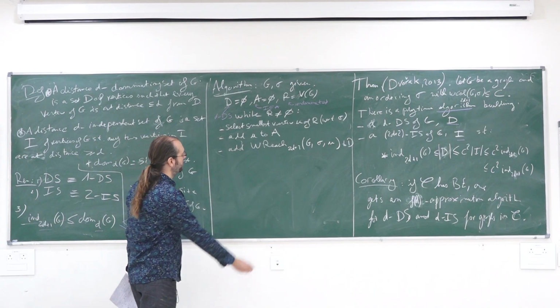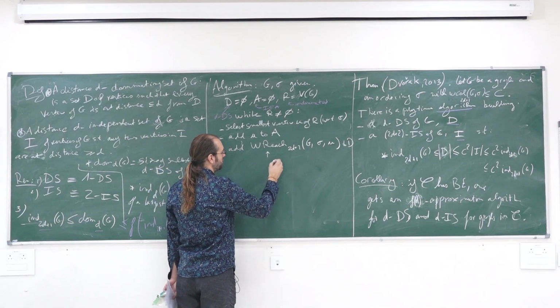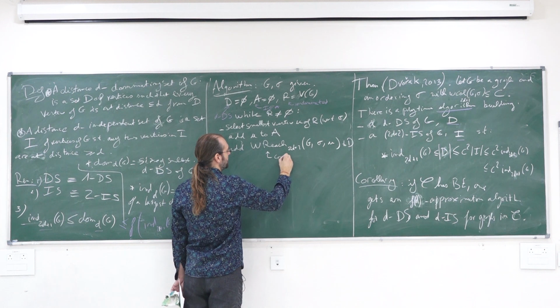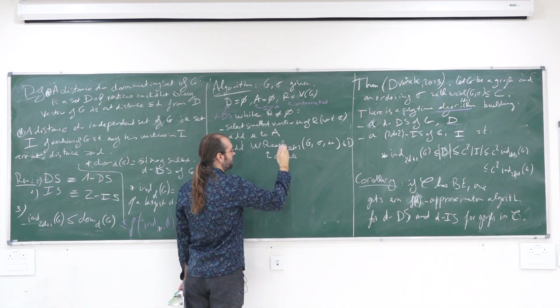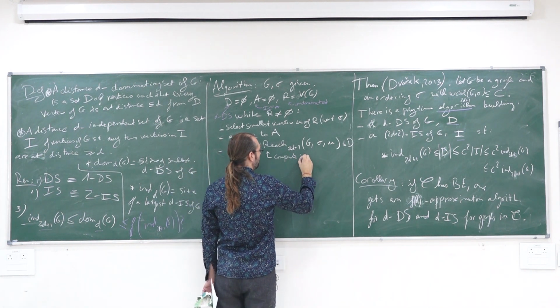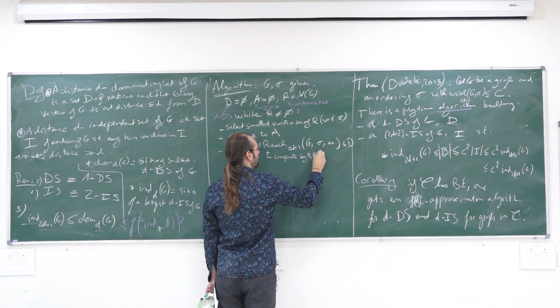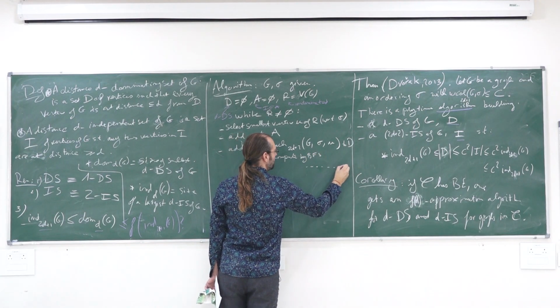By the way, just a remark on how to compute this. You can just do a BFS after you have the ordering.